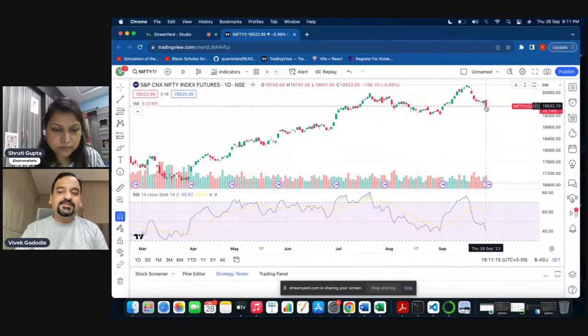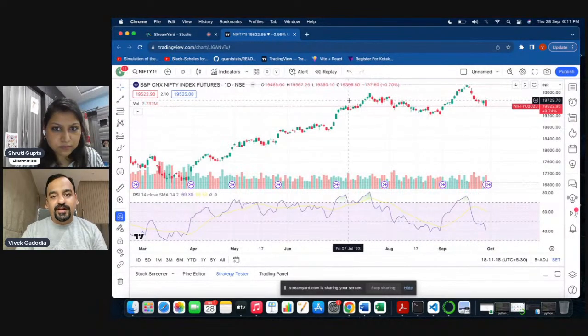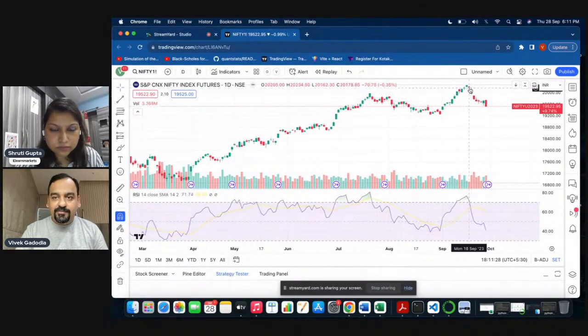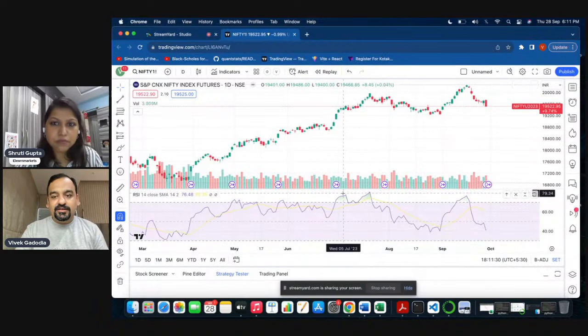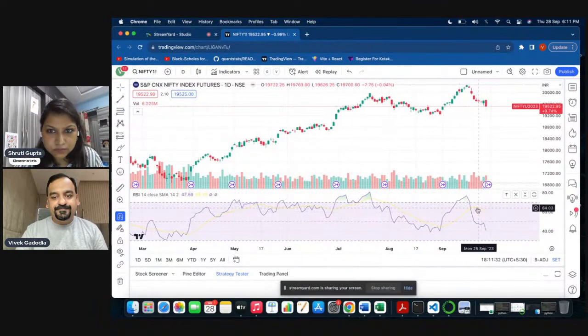So maybe this turn is not a very short term one, and we can also see that from July, although the market is price wise tending to, it did make a lifetime high, but the RSI has been sort of weak. It's trying to break out, but even here it tried, but it couldn't.